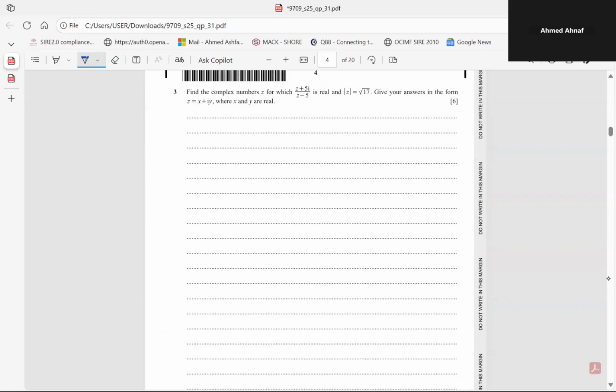Here we have to find the complex number z for which this is real and the modulus of z is square root 17. We're supposed to give our answers in the form z equals x plus iy, where x and y are real. First of all, we shall let z equal x plus iy.